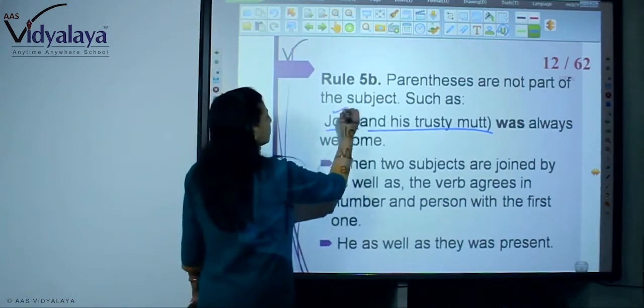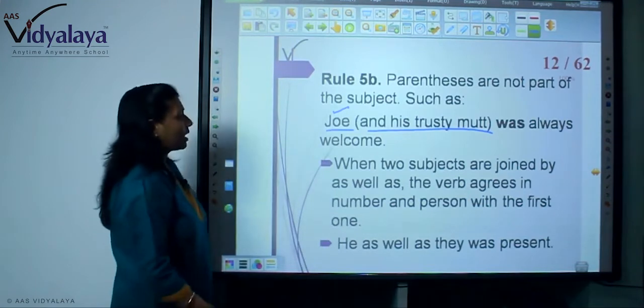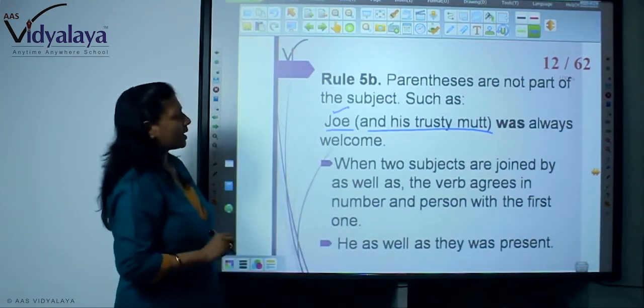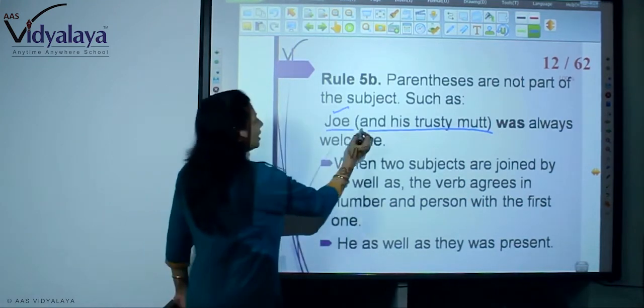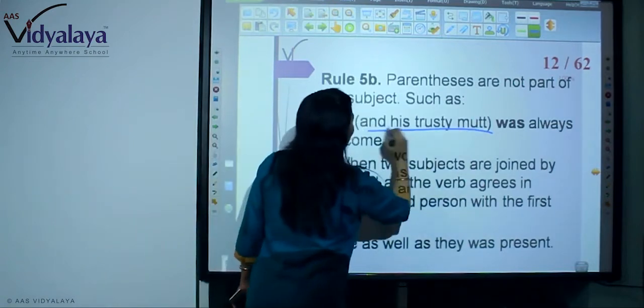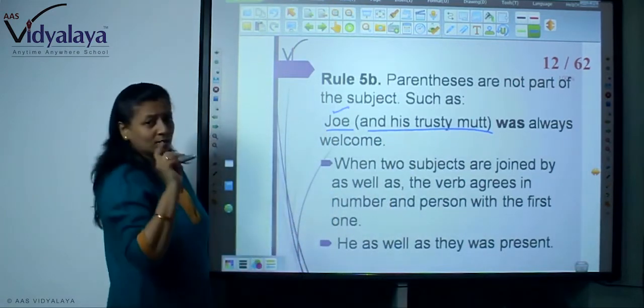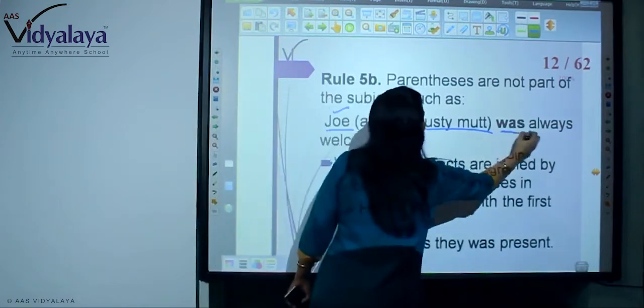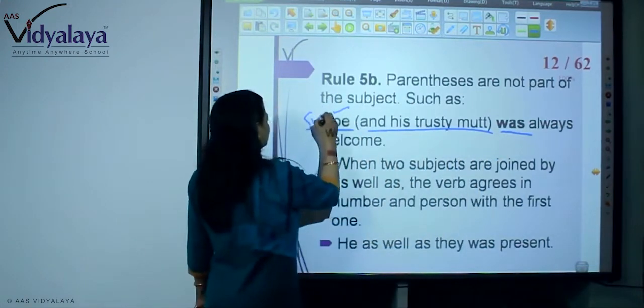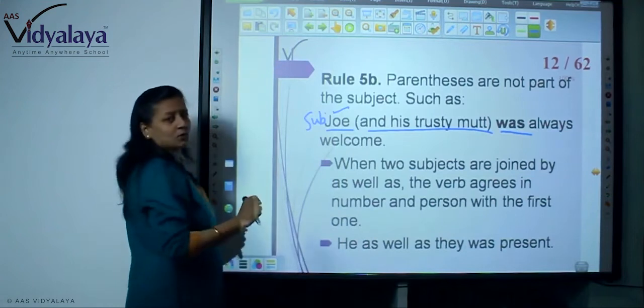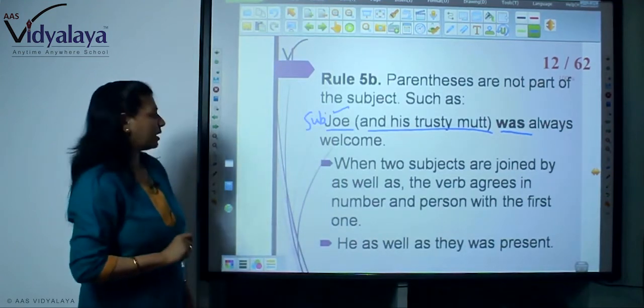We will have to consider only the subject. So here parentheses are not part of the subject, such as Joe. So within the brackets we have written the other things. So the consideration is only the subject Joe, and that is singular.